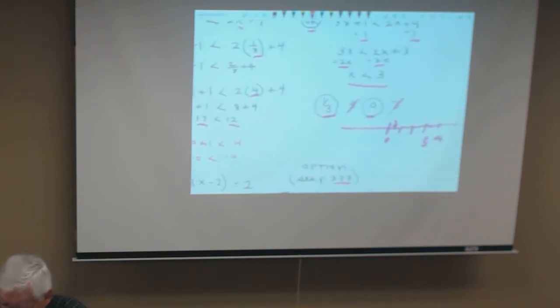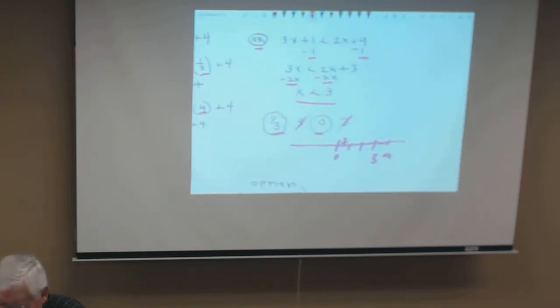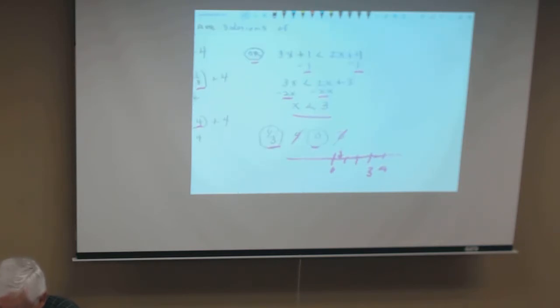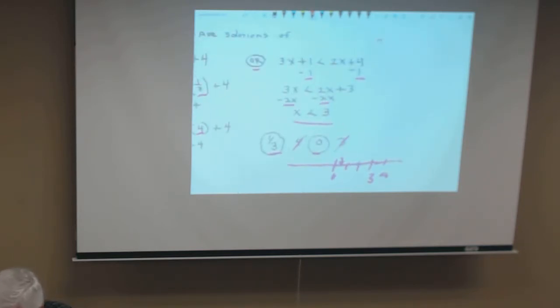Or you can just simplify the inequality. That's what I'm doing here. All simplify means is you take the complicated statement and make it easier to read. So the first thing is I say I want the x's on one side and the numbers on the other.